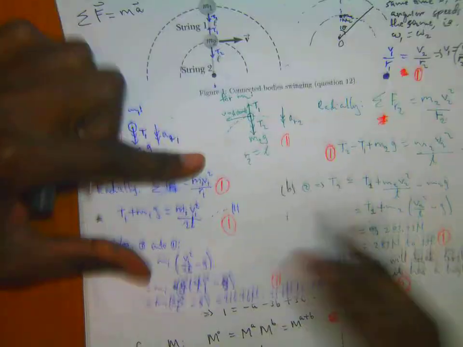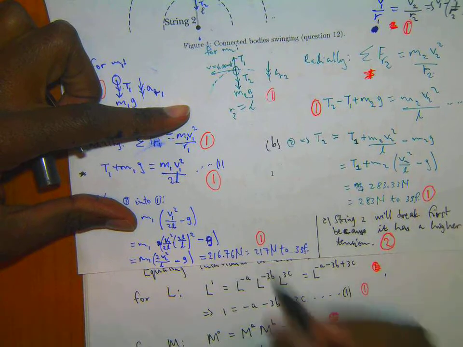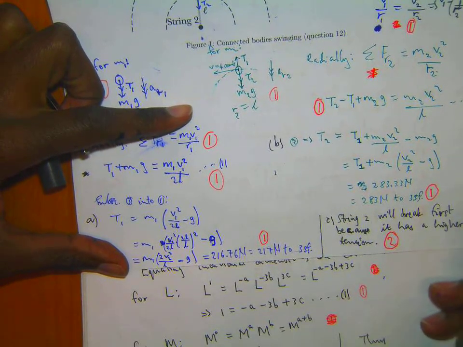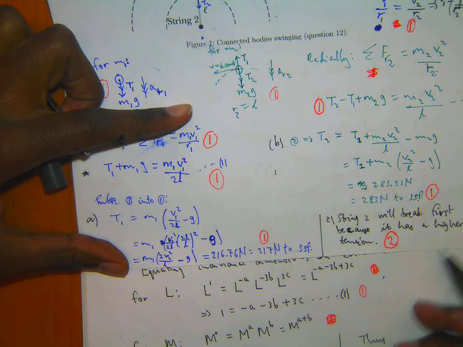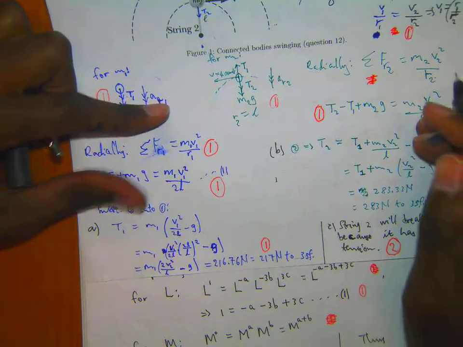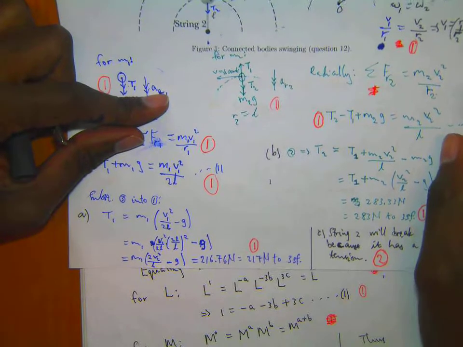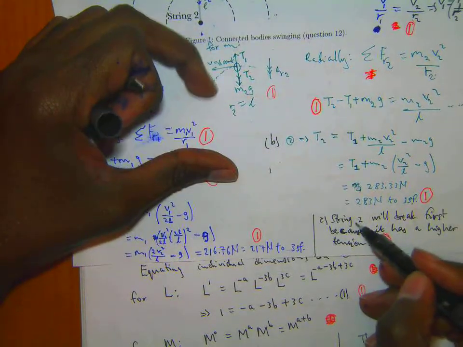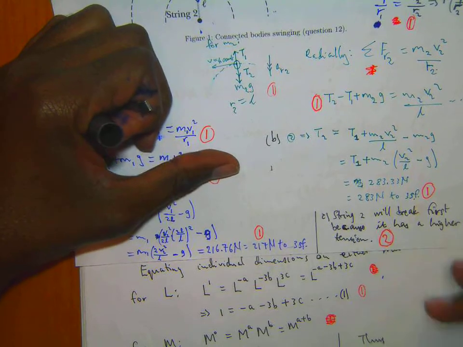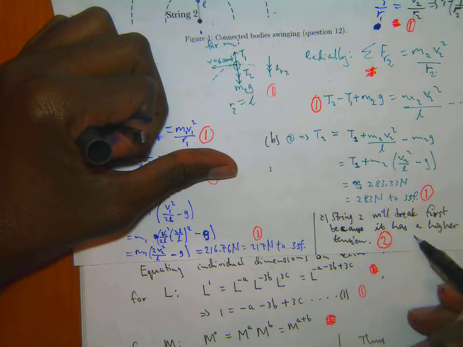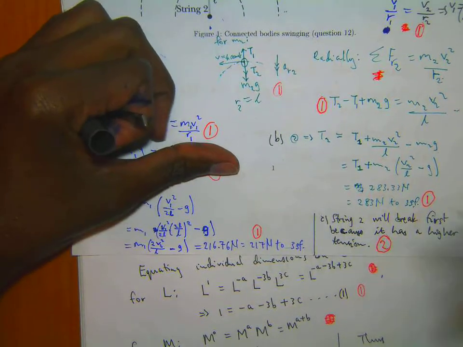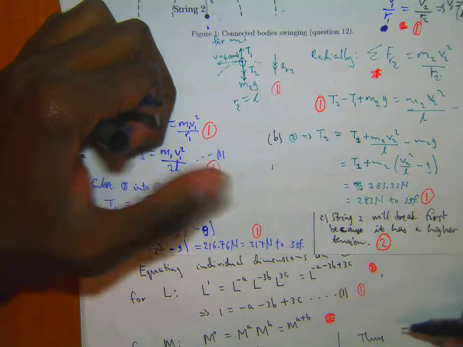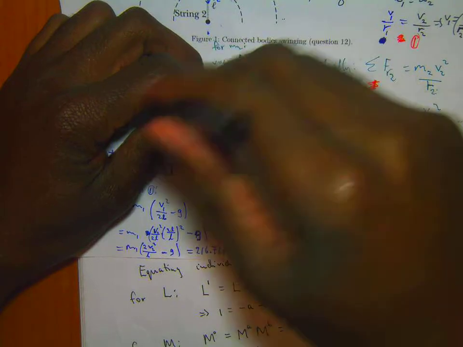T2 is 283, bigger than T1, which is 217. So string 2 will break first because it has a bigger tension. That was a mark, and the argument that it has a bigger tension is another mark. Any questions?